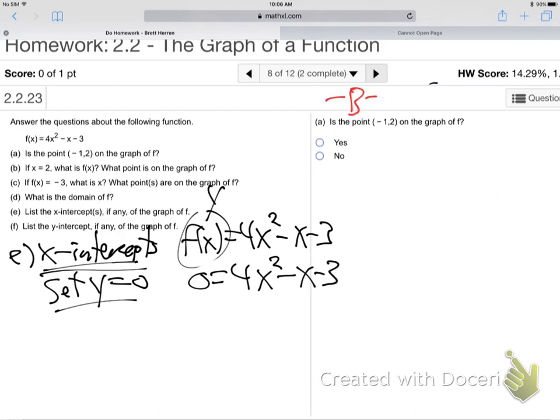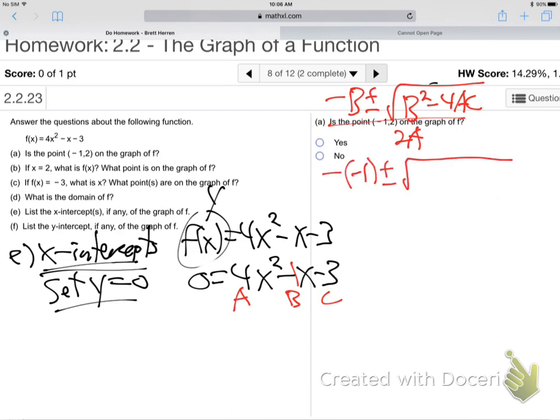So negative b plus or minus the square root of b squared minus 4ac, all over 2a. The quad's for solving any x squared equation. This is a. B is negative 1, c is negative 3. So negative b plus or minus the square root of b squared minus 4 times a times c, all over 2a.